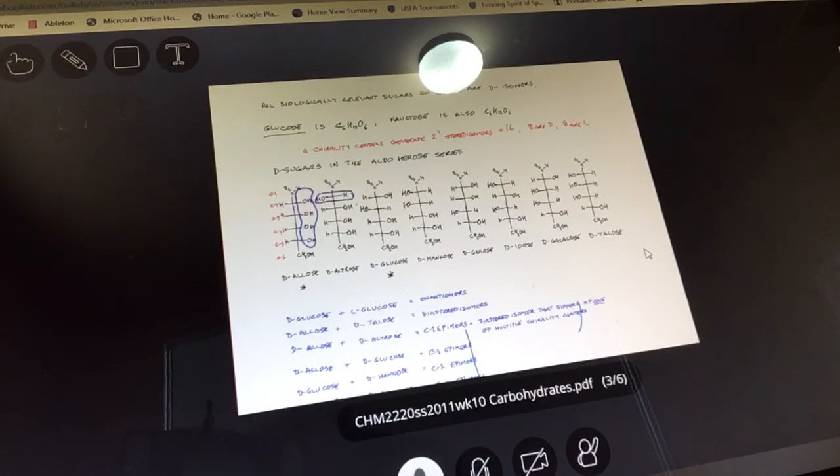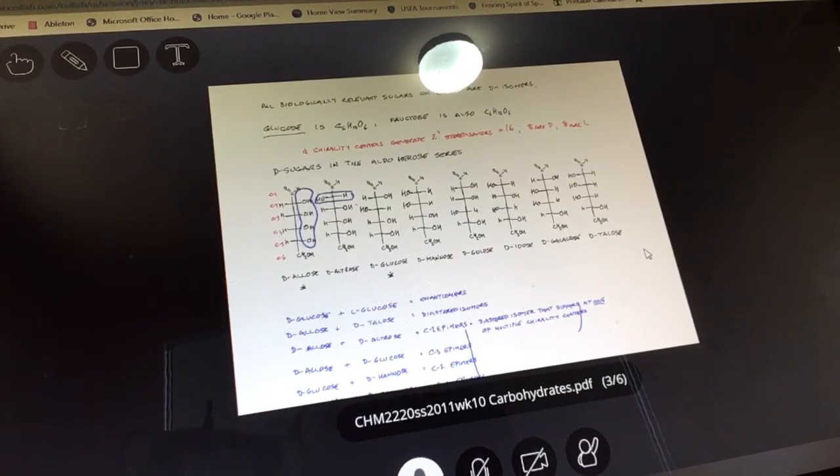Carbon number 2 in altrose is different than carbon number 2 in allose, but everything else is the same. Therefore, allose and altrose are C2 epimers. Glucose and allose are C3 epimers. Glucose and mannose are C2 epimers.